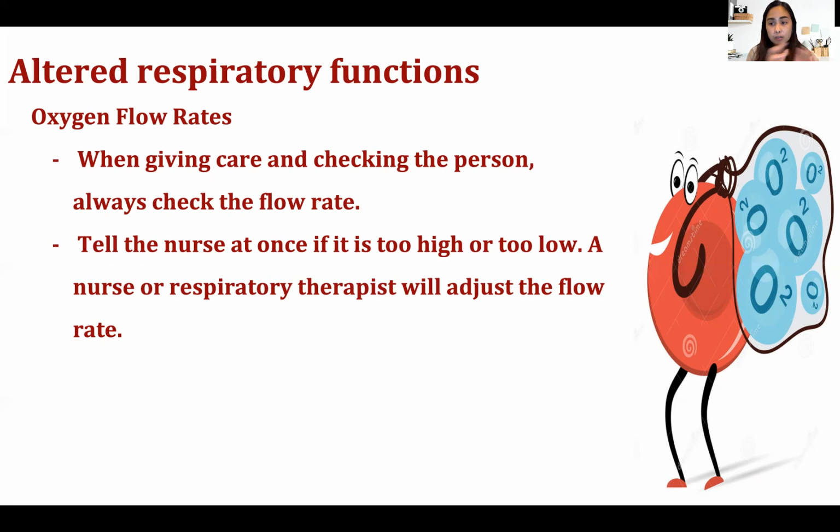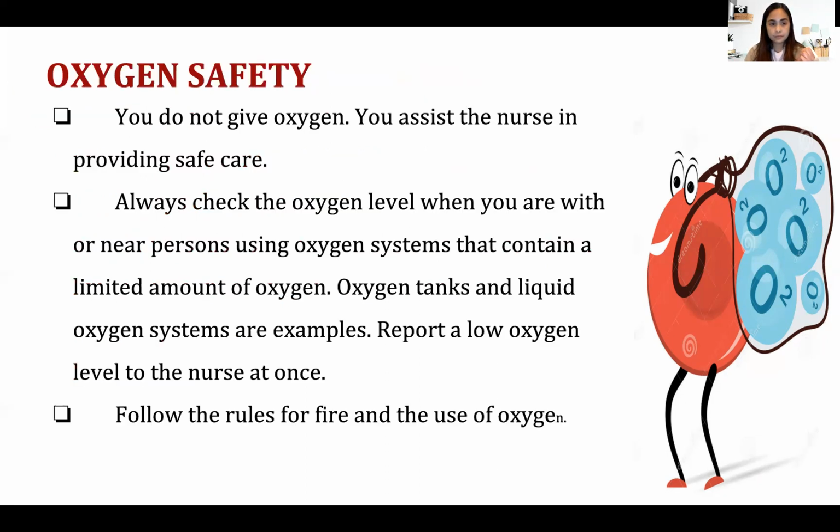Don't exceed that, because the main person who has the responsibility to regulate the oxygen is your nurse. But there's no nurse, there's an emergency, so you should initiate something to save the patient's life. Normally, you do not give oxygen. You assist the nurse in providing care.